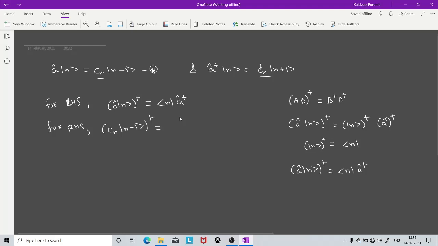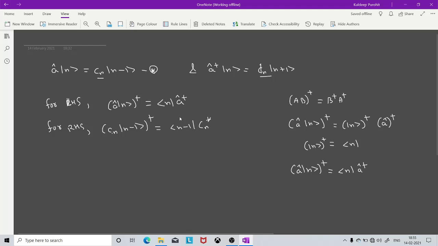So I will be having bra of n minus 1 into Cn star. Cn is just a number, so its Hermitian conjugate will be just the simple complex conjugate.